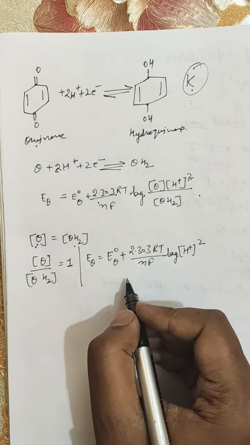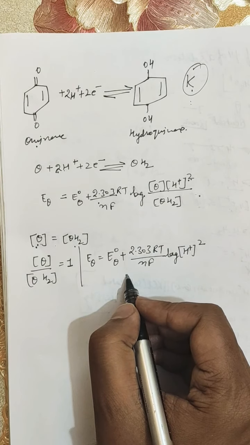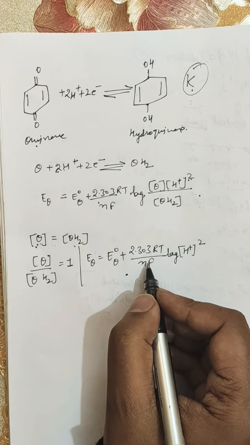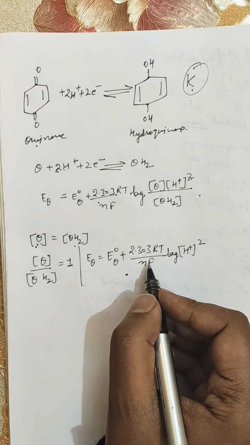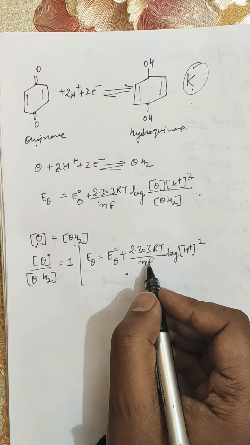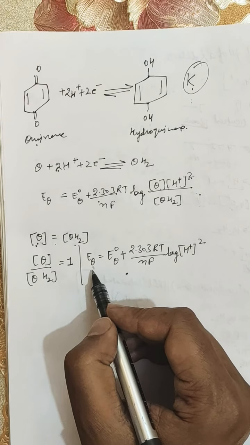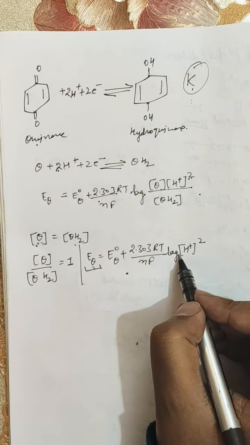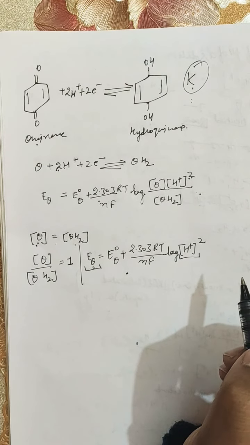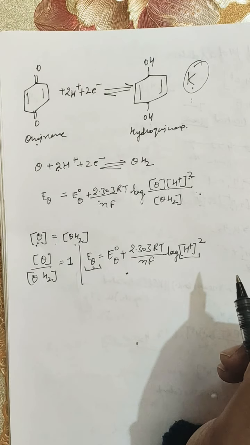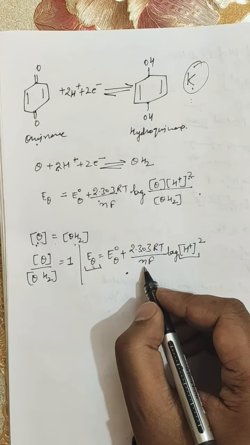From this equation it is clear that the potential in the quinhydrone system depends on the concentration of protons, the H positive ions in the solution. So this potential in quinhydrone depends on the concentration of protons, as all other values are fixed.